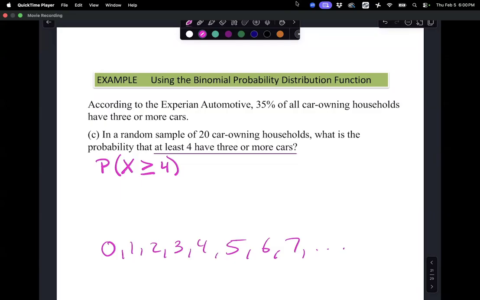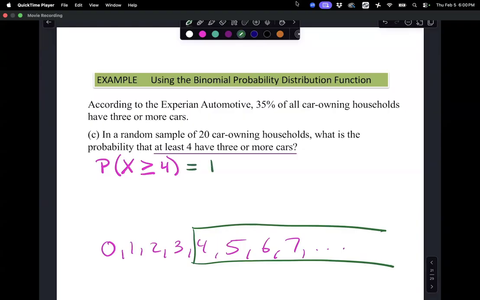So what we're looking for is the probability that we are somewhere in there. So the probability we're greater than or equal to 4 is the same thing as the probability that x is not less than or equal to 3. So this is what it is not.